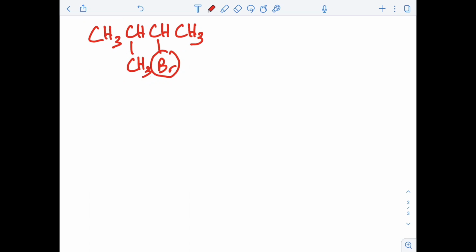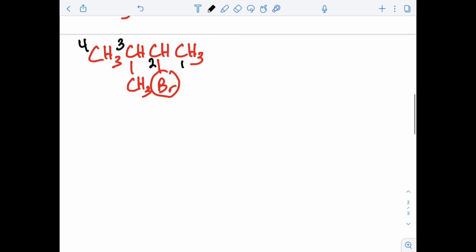And just so we're clear, this is number 1 carbon, this is number 2 carbon, that's the number 3 carbon, that's number 4 carbon. I guess I can number it up here, be less confusing. So the bromo group is on the number 2 carbon, so you have 2 bromo.